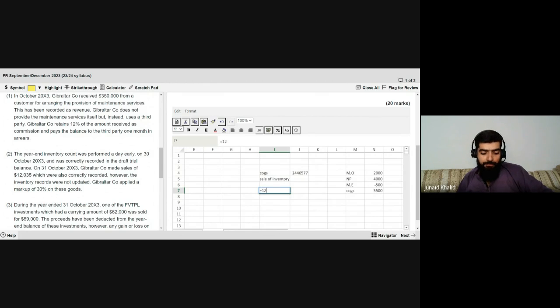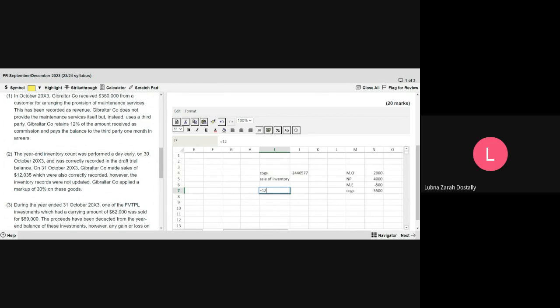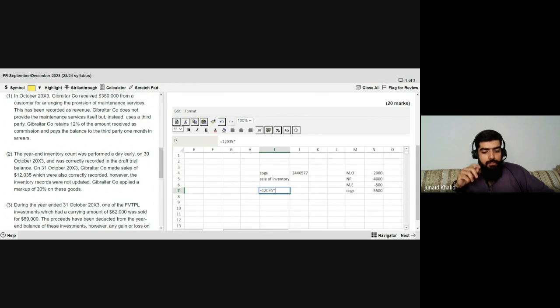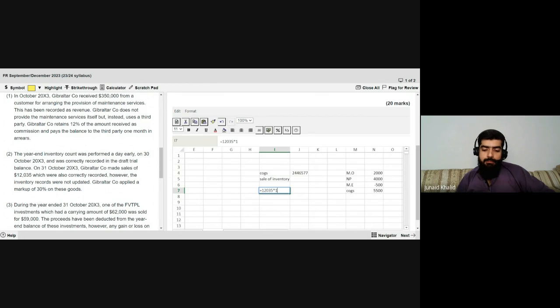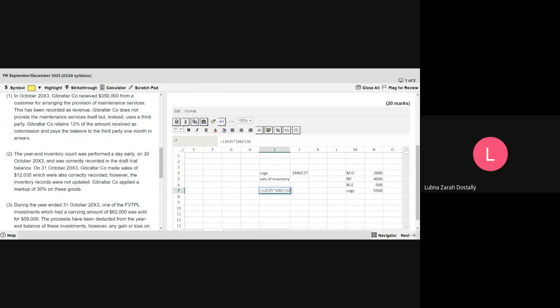The 12,035 is 130%. We need to calculate at 100%. Nice. So what would be the formula? 12,035 divided by 130 times 100.